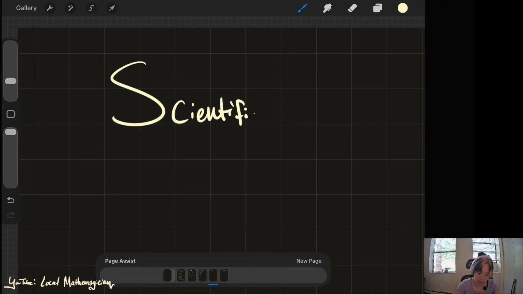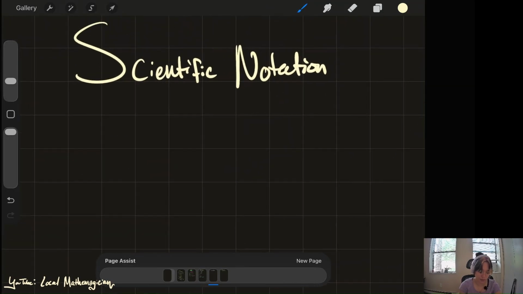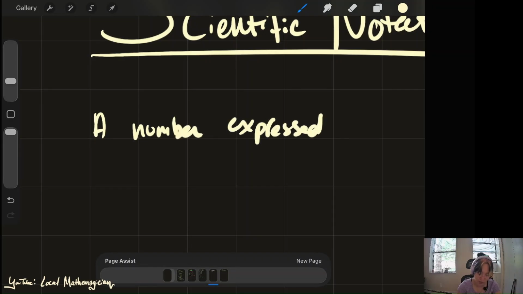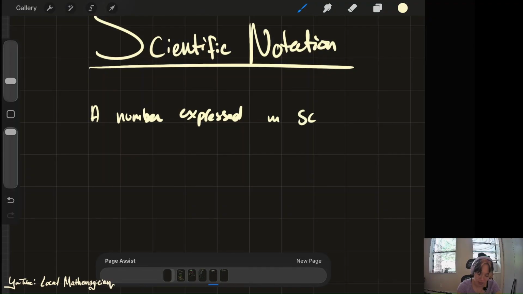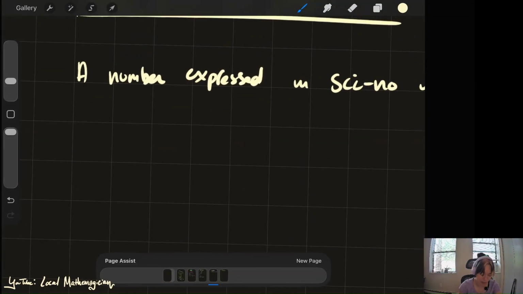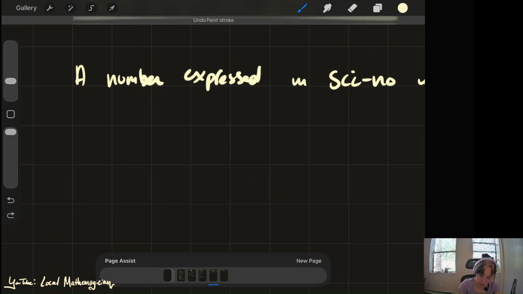Scientific notation, or sino, requires a couple properties that I will list out for you. A number expressed in sino is of the form a, actually I'll do it in a different color.